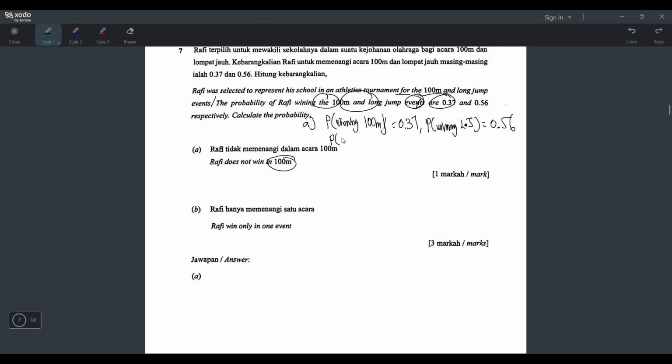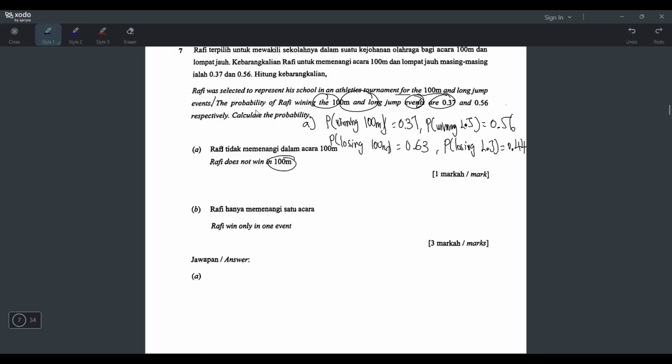So losing 100-meter will be 1 minus 0.37, and if you press calculator, you will get 0.63. And then let's find out the probability of losing long jump also. So 1 minus 0.56 is 0.44, right? 0.44.